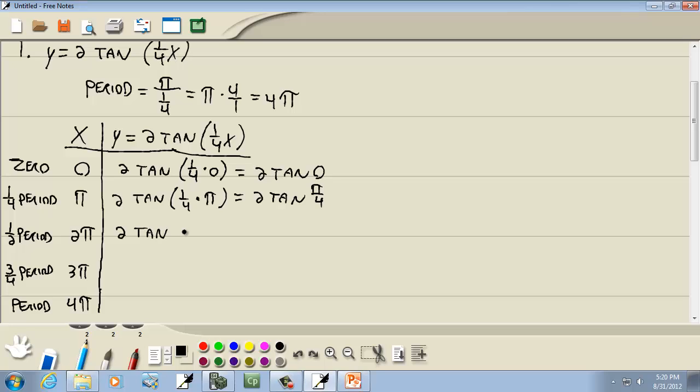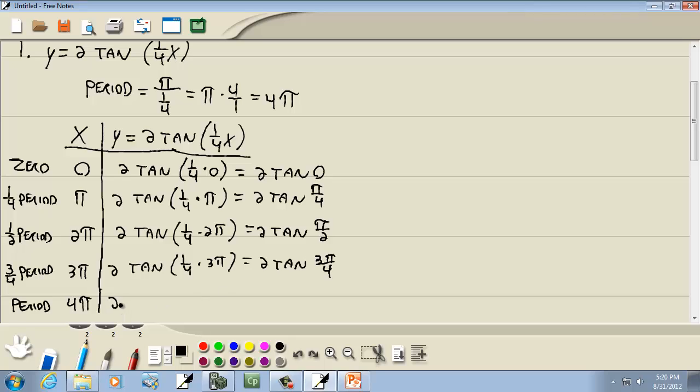Here we get 2 tangent of 1/4 times 2 pi, which is 2 pi over 4, which gives us pi over 2. This one we get 2 tangent of 1/4 times 3 pi, which gives us 2 tangent of 3 pi over 4. And this last one we get 2 tangent of 1/4 times 4 pi, and the 4s cancel, giving 2 tangent of pi.